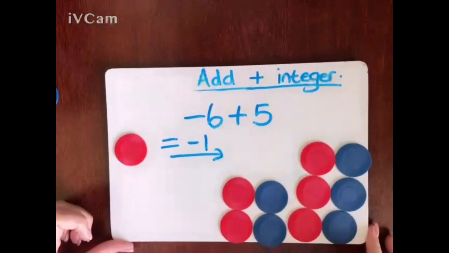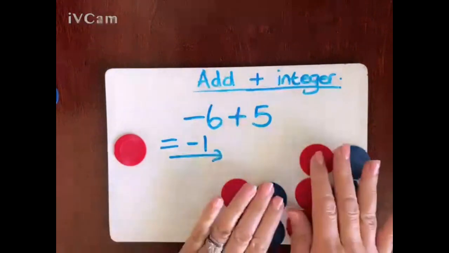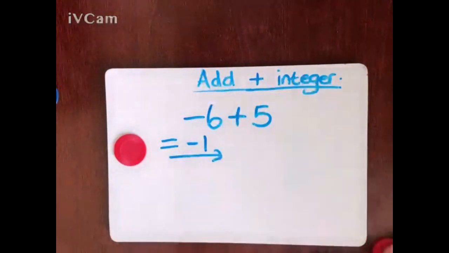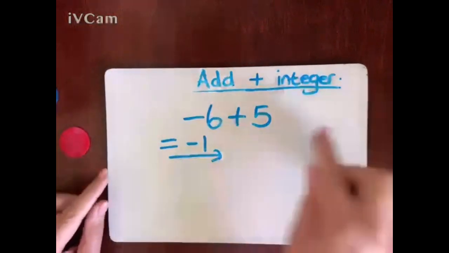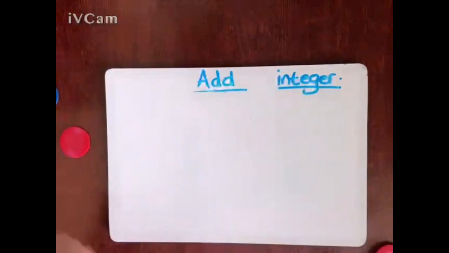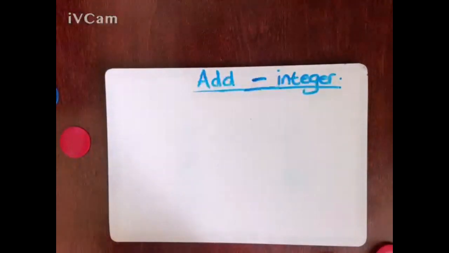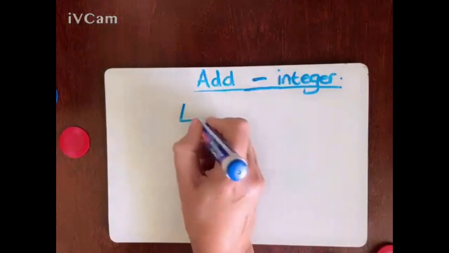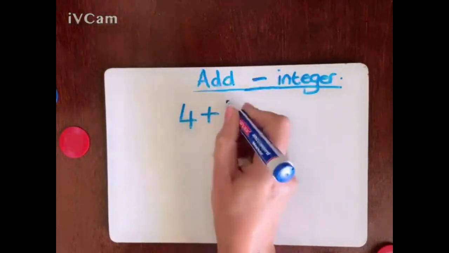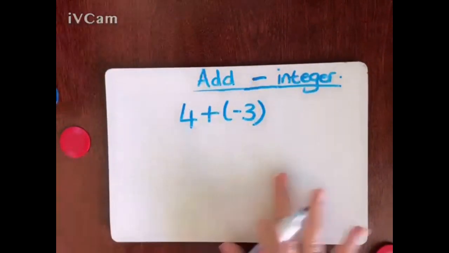Right. So let's work by adding a negative integer. What's going to happen if we add negative integers? Right, we're also going to use zero pairs. So let's add 4 to -3. Right?